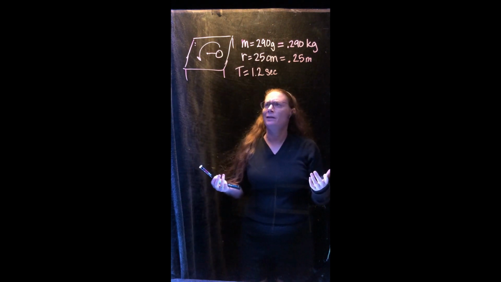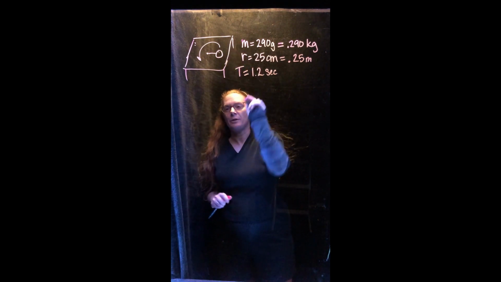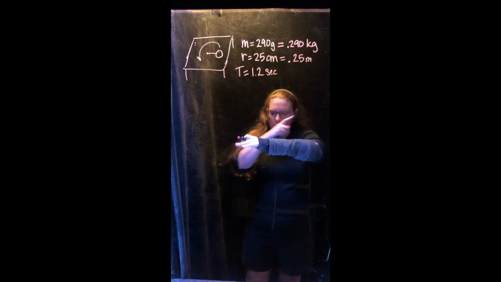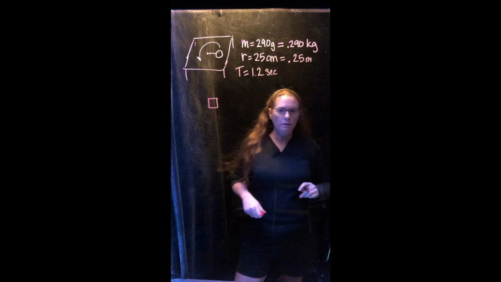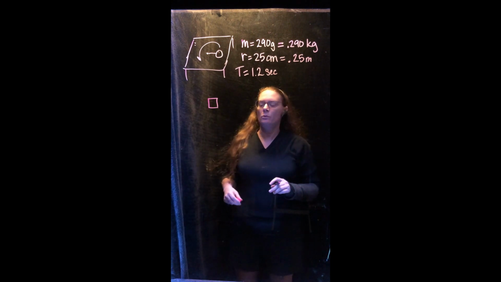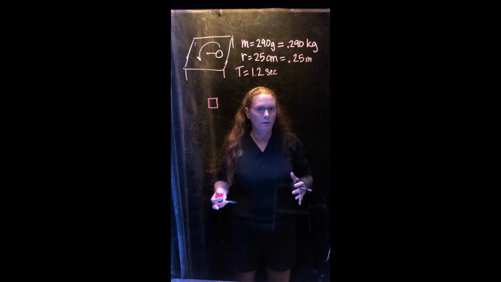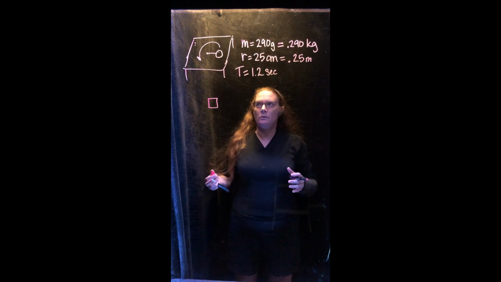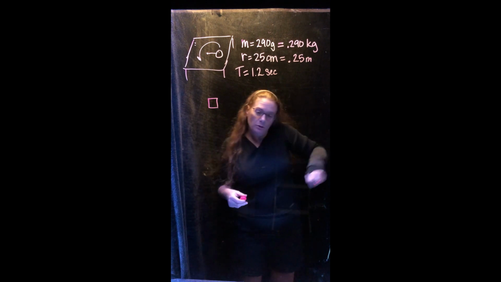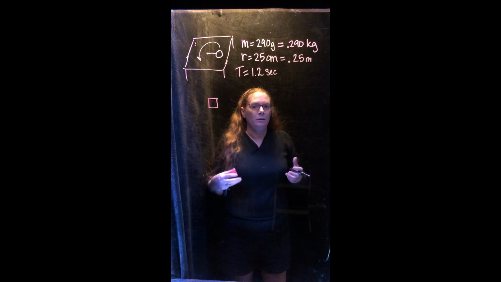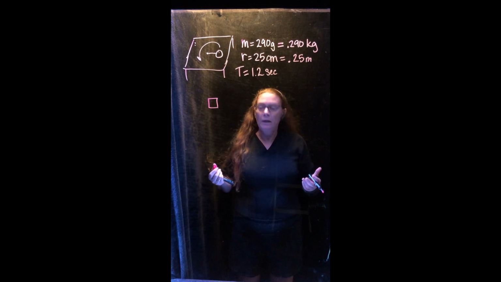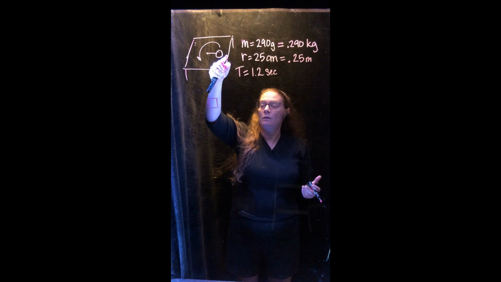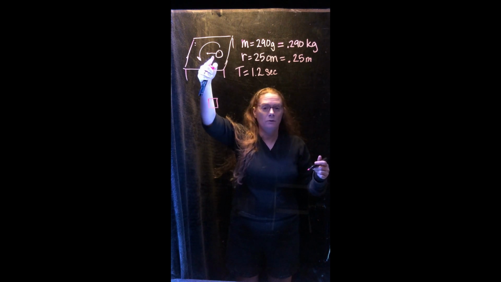The toy is our object. It's on a flat table moving in a horizontal circle. What forces act on the toy? And where in the circle are we going to draw it? Because sometimes, in a vertical circle, things change. And even here, the direction of the tension force changes, because if it's here, the tension is in the direction of the string that way.